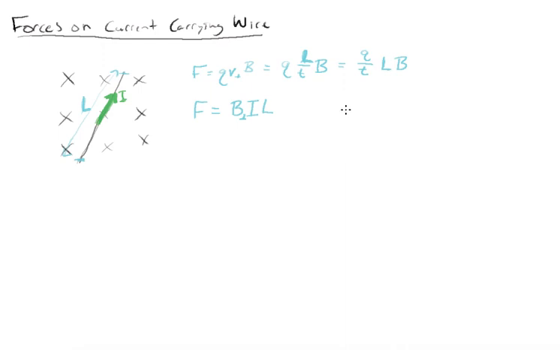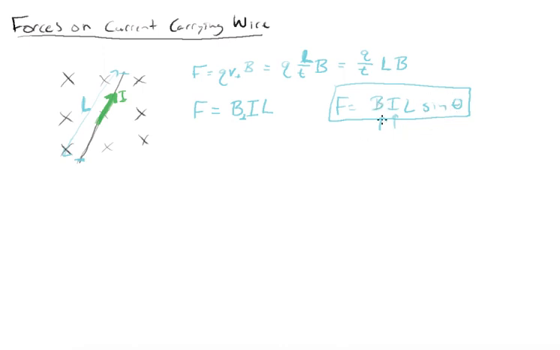Now the equation you're going to get for this is F equals BIL sine theta, where theta is the angle between the current and the magnetic field. But this is the version you're going to be given. And if you think about it, it's really just the component of the current that's perpendicular to the magnetic field.